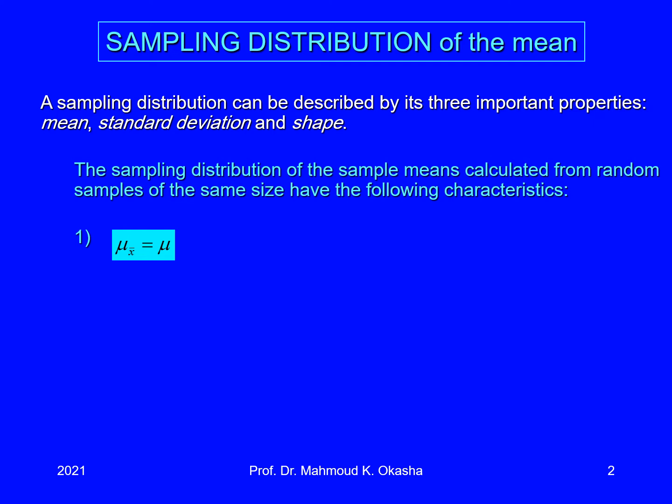We mentioned in the previous video that the expected value, or the average of averages, equals the population mean, which we call mu. So mu X bar, that means the expected value of X bar or the average of all averages, equals mu, which is the population mean.